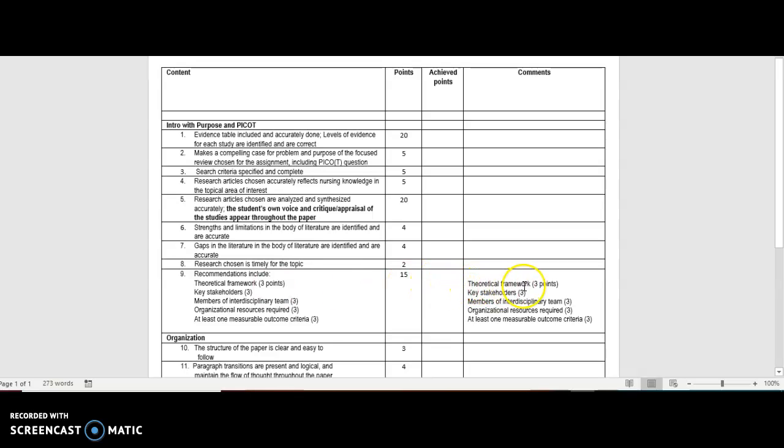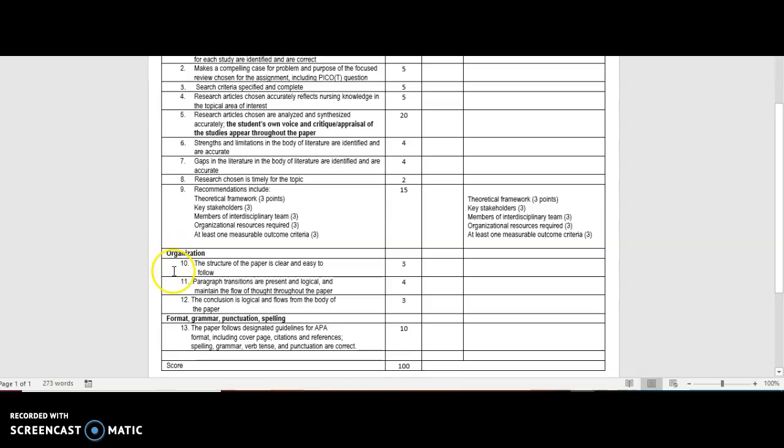State the theoretical framework, the key stakeholders, the members of the interdisciplinary team, the organizational resources that are required. And then you can even say the one measurable outcome criteria is, and then write that outcome criteria. As always, you'll be graded on the organization of your paper and format, including grammar, punctuation, spelling, APA.